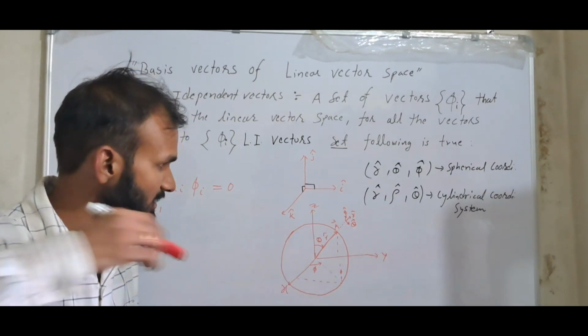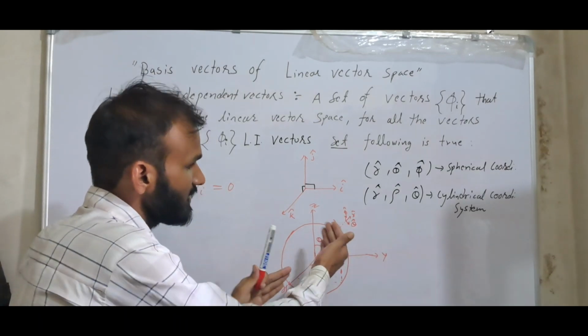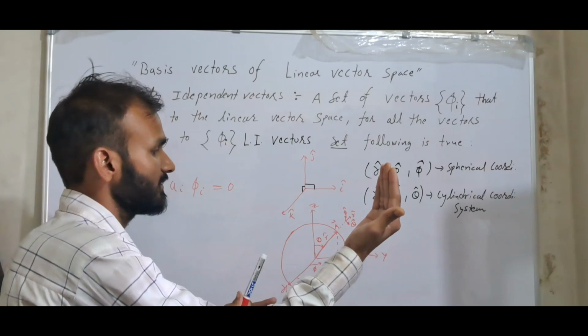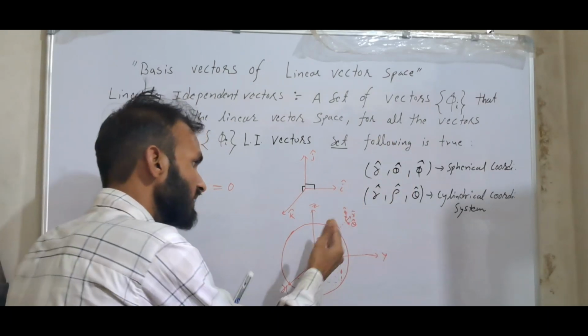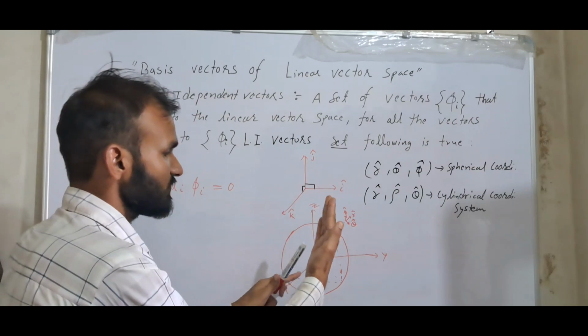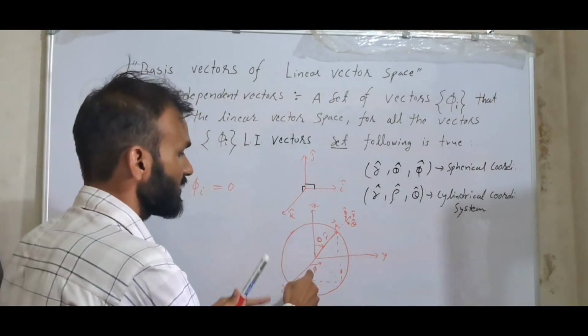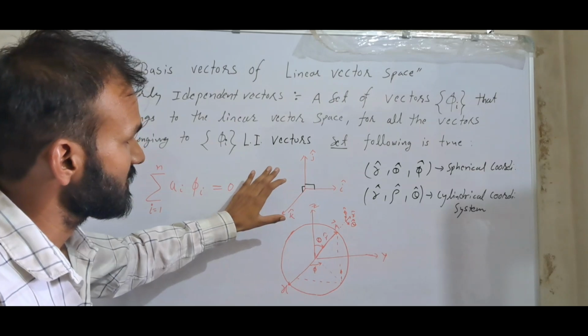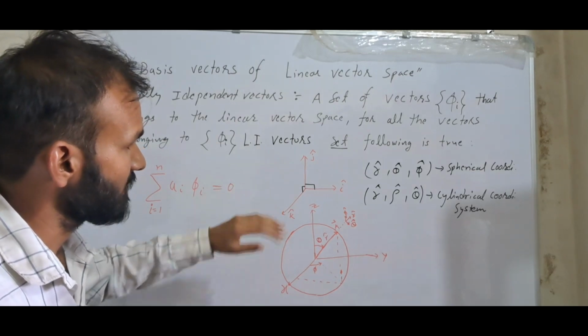If you consider a plane that is cutting the sphere in this manner, then this plane is making a phi angle with this x axis, the angles that all these planes are making with each other.